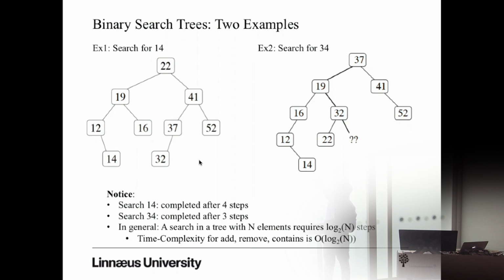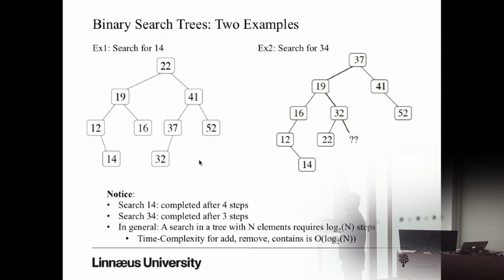We see 14 is less, so we come to this node. We make another check. It's still less. We come here. Another check. We come here. Another check, and we find the value. We have like 9 nodes, but instead of visiting all the 9 nodes, we have found the element that we want in just 4 steps.